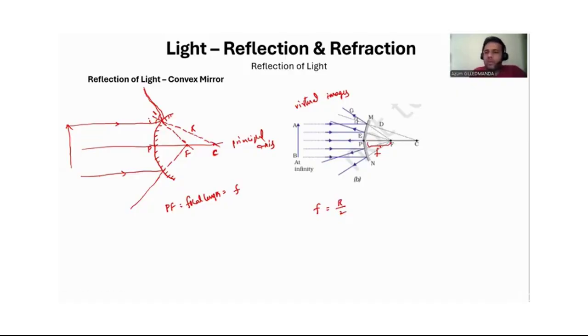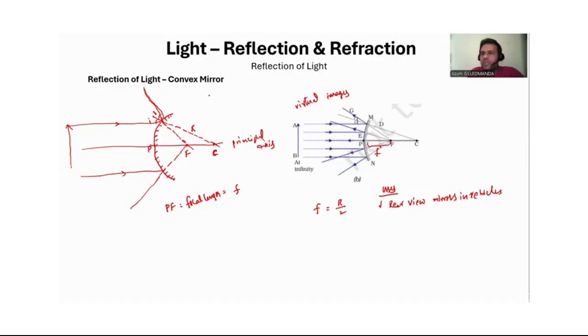Okay. Now, what are the uses? In the next session, we will learn what type of image convex mirrors form, how big, how small. So that we will see in the next session. But for now, we will learn what the uses of convex mirrors are. The rear view mirrors in vehicles are examples of convex mirrors, right?